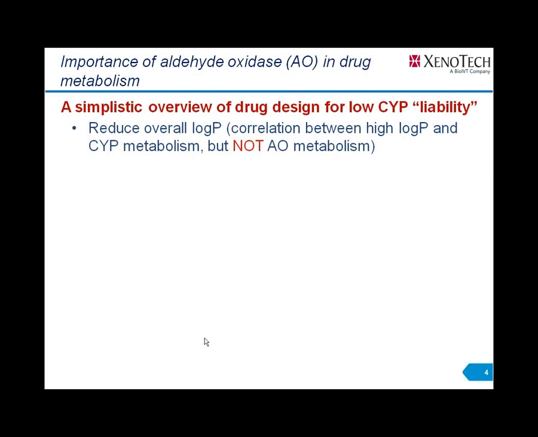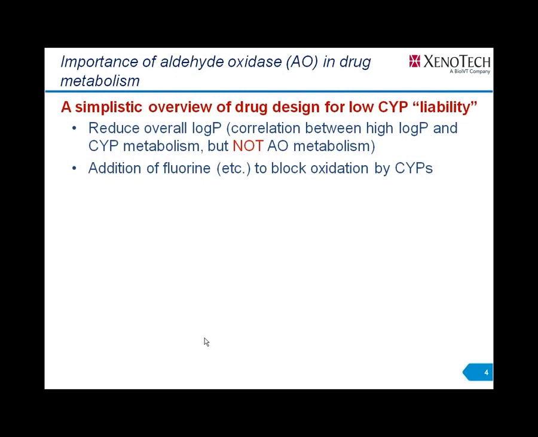So to give you a simplistic overview of drug design for low CYP liability, what most people have been doing for the last several years is reducing the overall log P, generally because there's at least a loose correlation between high log P and CYP metabolism. But this is not true for aldehyde oxidase metabolism. There appears to be very little correlation between the normal physical chemical properties of drugs and its propensity to metabolize.